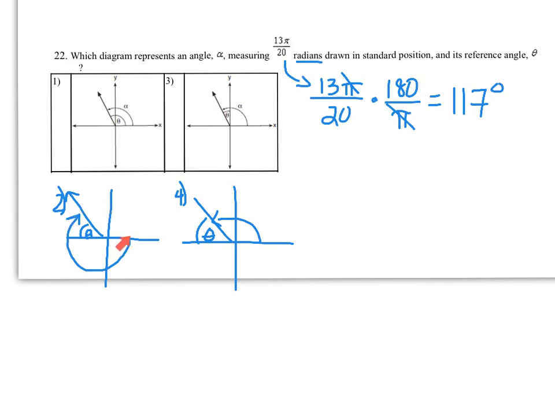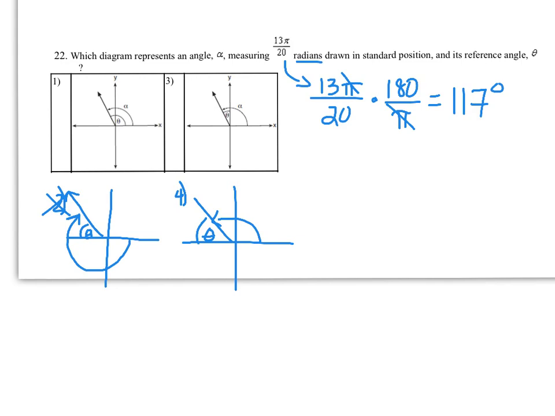This one doesn't. This one actually goes in a clockwise order. So this angle that I'm tracing with my red arrow is actually a negative angle measure, and it's more than 180 degrees, which is not what I have here. I have a positive 117. Since that angle is negative, that's not going to be the answer.